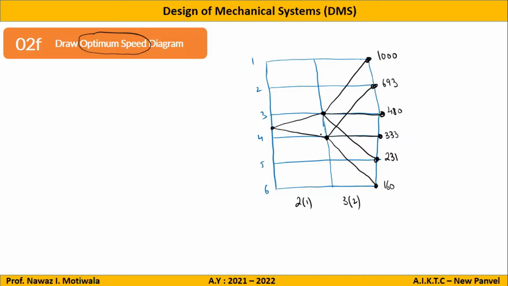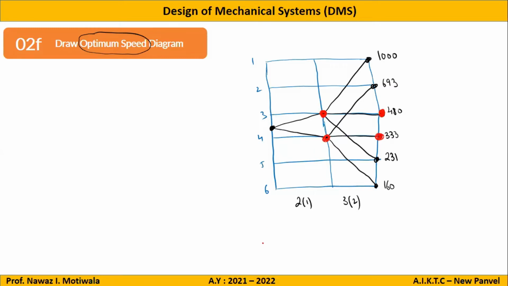So now, what should be the input speed? If this one is 480, what will this speed be? On the second shaft, it will be 480 because it is on the same line. Similarly, if this is 333 on the right hand side, what will this speed be?